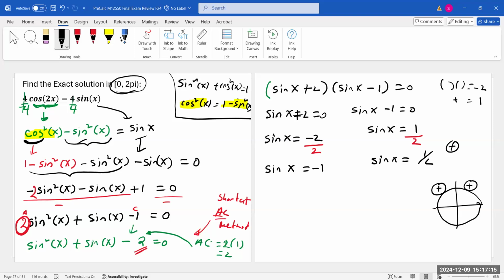Sine is y. So y is -1 here. So we have one solution in the first quadrant, one solution in the second quadrant, and another solution is this one. Our y is -1 here. So this one is easy. -1 is 270 degrees. So our x is 270 degrees.